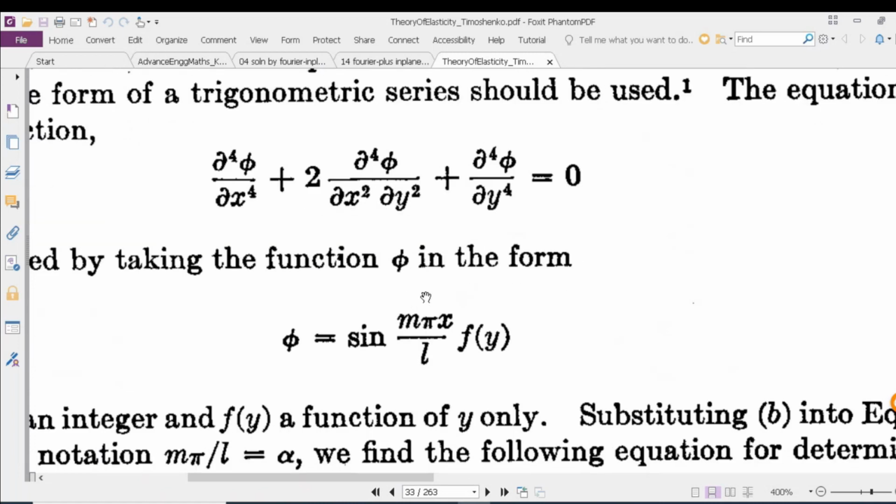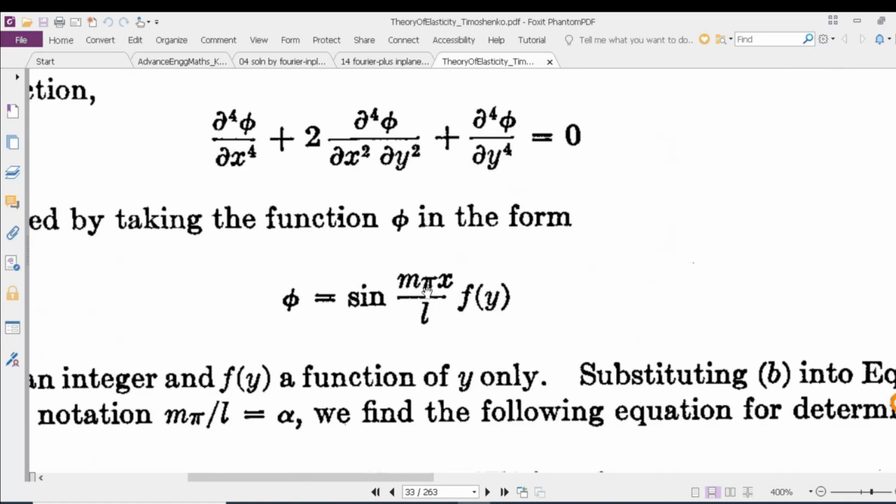So we define our stress function equal to sine m pi x over L times F of y. Thus, we have separated our terms into x and y, and both terms are getting multiplied with each other. As we know from our previous discussion, separating our variables in this fashion will help us get ordinary differential equations in the end.